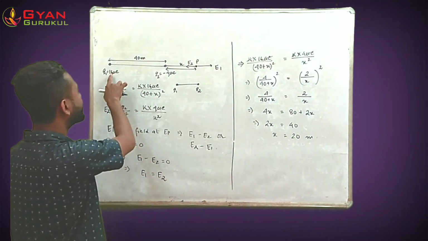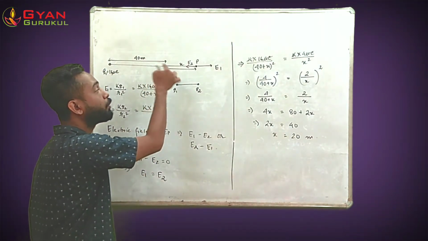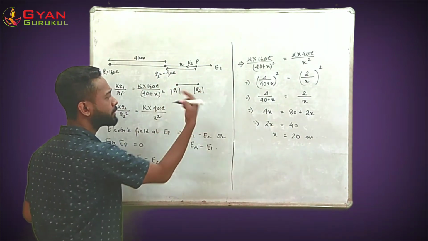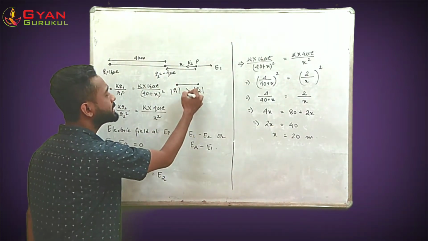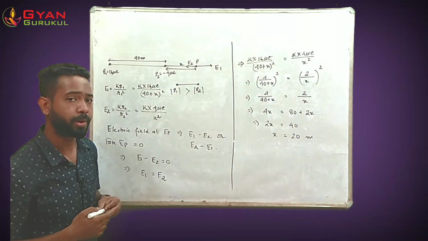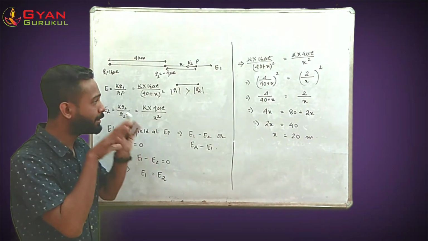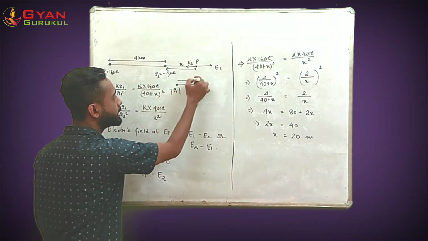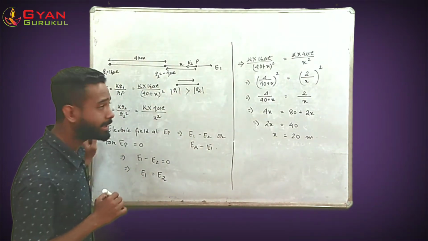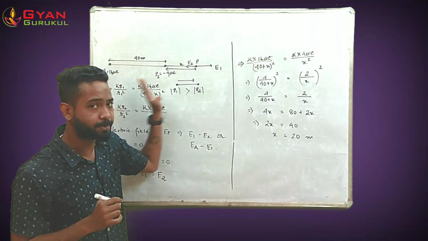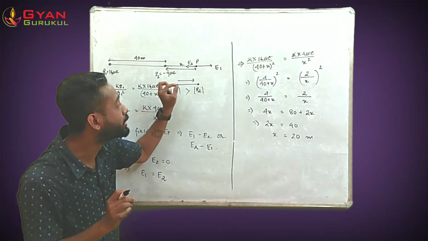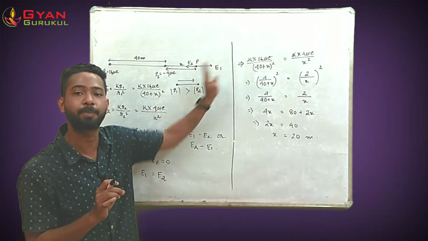Since Q1 is 16 microcoulomb and Q2 is 4 microcoulomb, we don't need to consider the minus sign. If I take the modulus of the two, we understand that Q1 is bigger than Q2. Hence the resultant field would be stronger in this particular direction, because Q1 being a positive charge, its field would be in this direction, right? So the resultant field is bigger in this particular direction. That gives us the assumption that the point of neutrality will lie somewhere in this part.